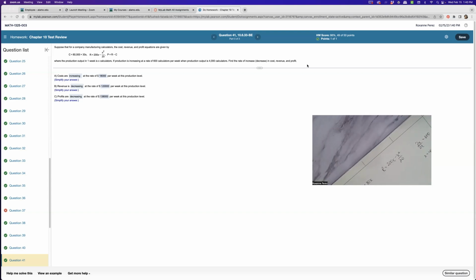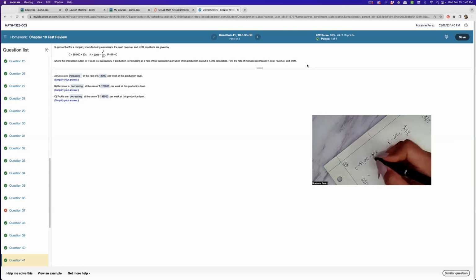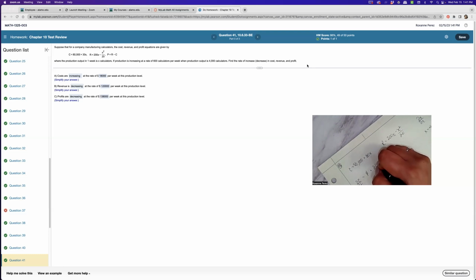Okay, so we're going to take our cost function and we are going to solve for the implicit derivative with respect to time. So we're going to take the derivative of c with respect to time equals the derivative of the constant, which we know is equal to 0, plus the derivative of 30x with respect to time.